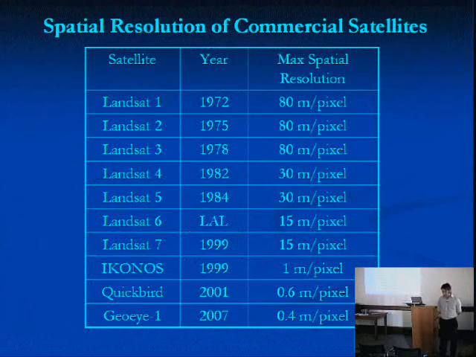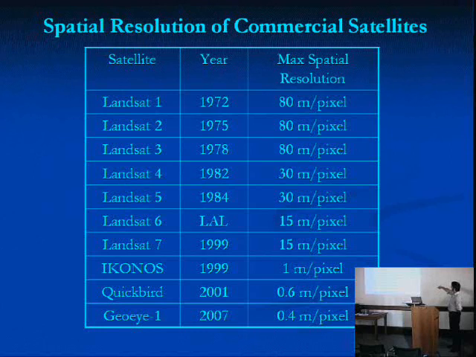So first, some context. If we look at the history of some of the more common commercial satellites in the last 30 years or so, with the popular Landsat satellites and then the more recent commercial satellites, one thing we'll see is the spatial resolution.